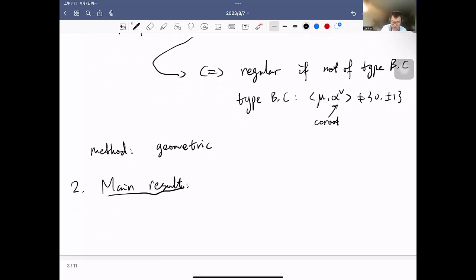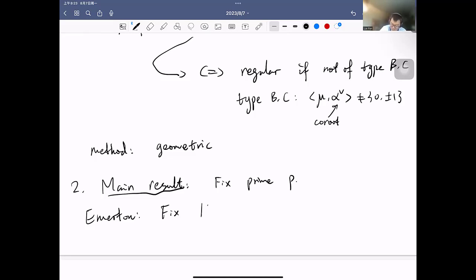This was introduced by Emerton. To define completed cohomology, you need to fix some level. Throughout this talk, we fix a prime number p.